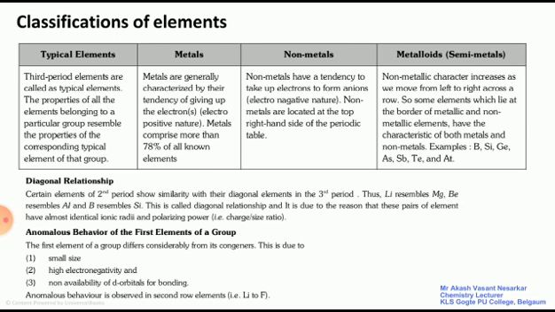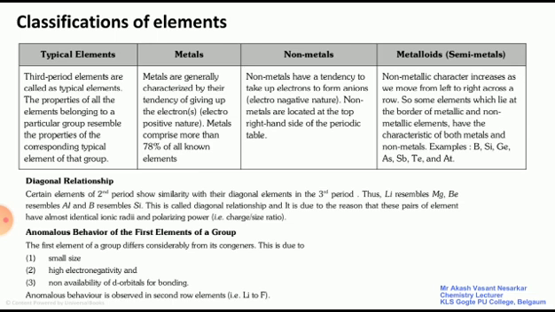Anions are species which carry a negative charge. Cations are species which carry a positive charge. So metals are electropositive, and non-metals take electrons and may form anions, so non-metals are electronegative in nature.